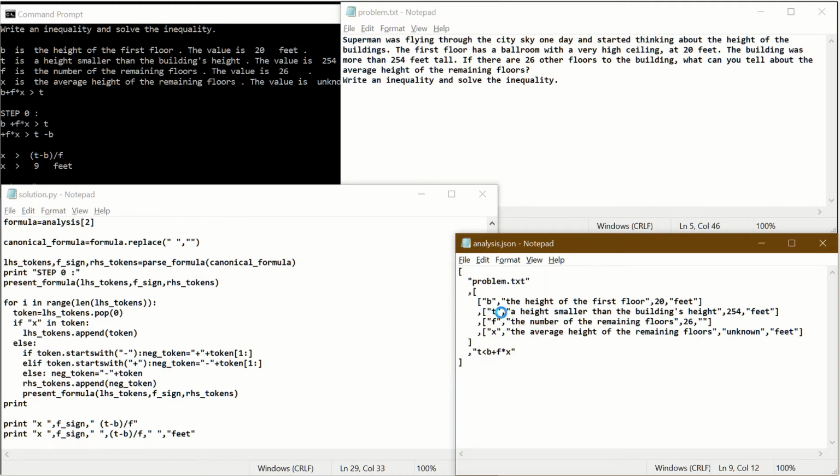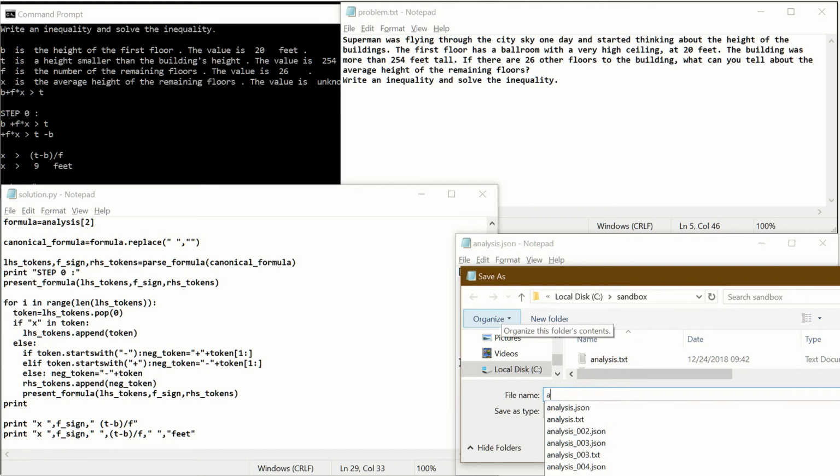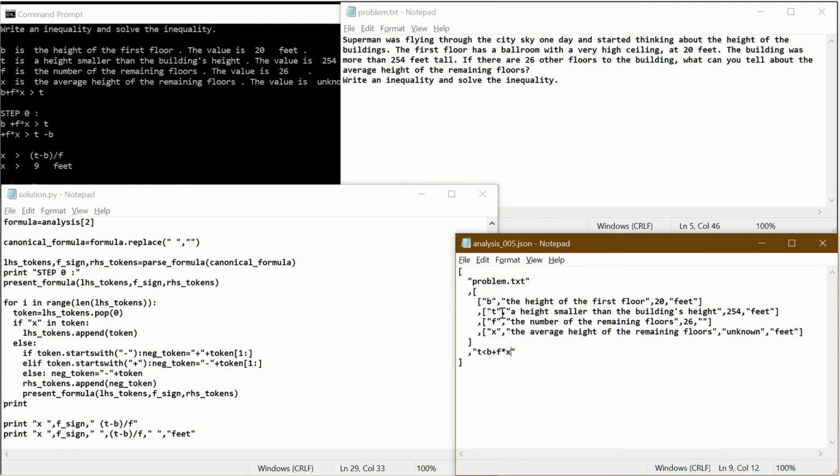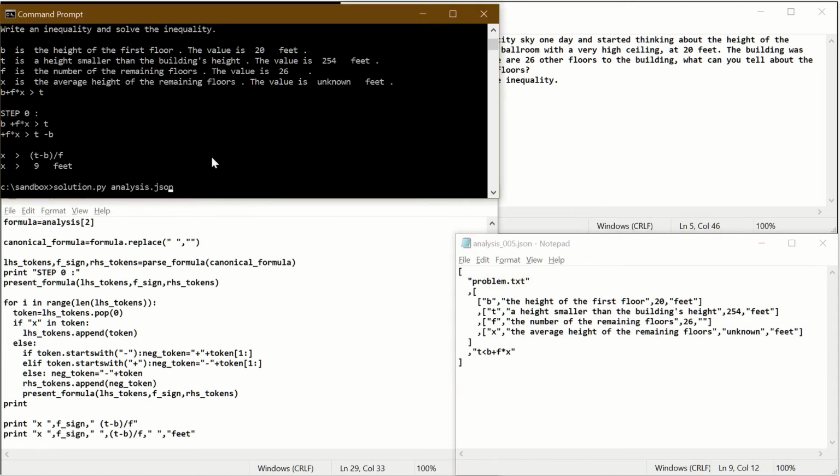Save as Analysis 005.json. So it will be my fifth test case. Okay, let's execute this test case.